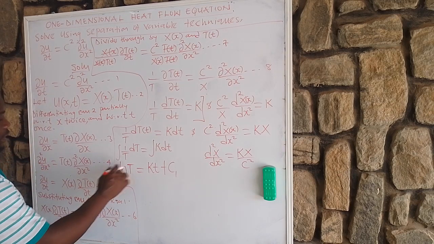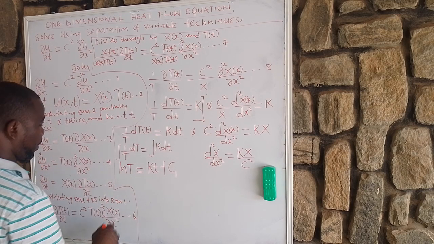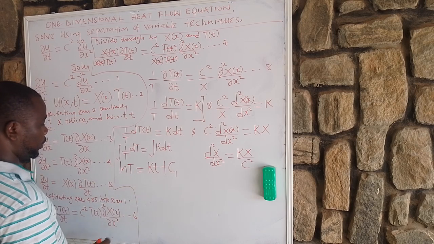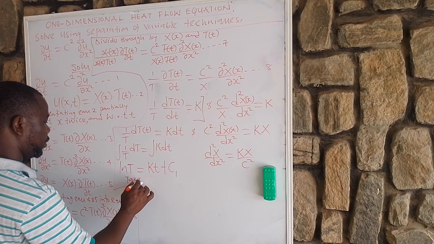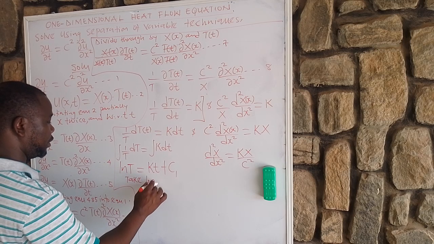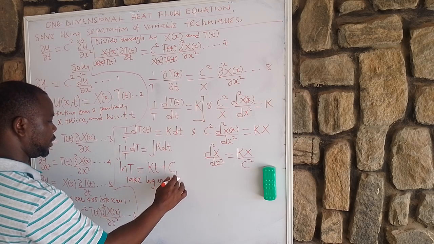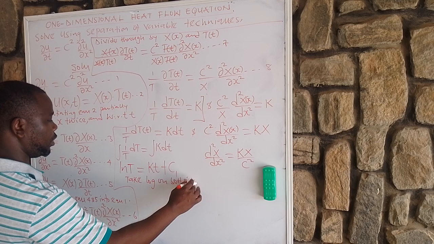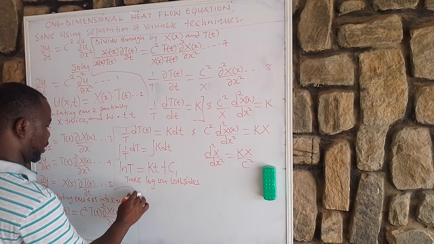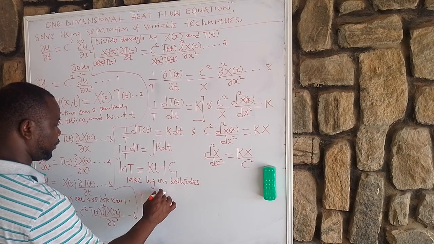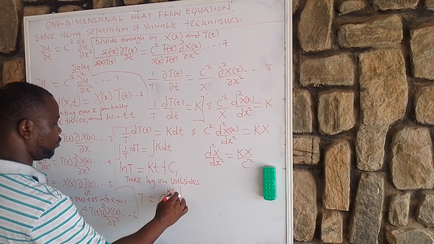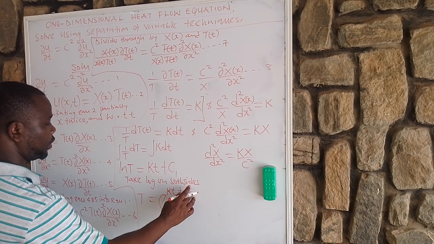So if we want to make T the subject of the formula, we take the exponential on both sides. We are left with T equals exponential of kt plus c1.